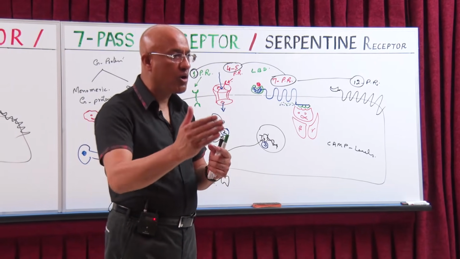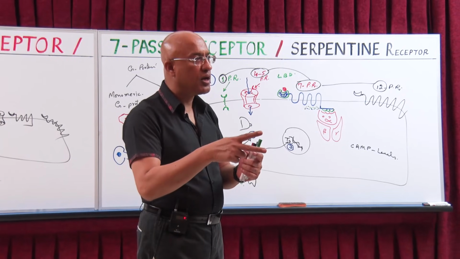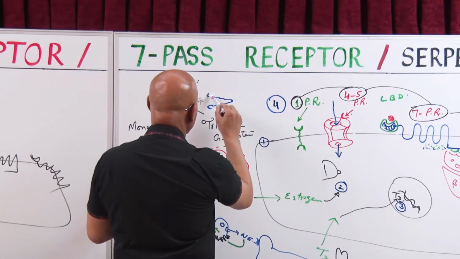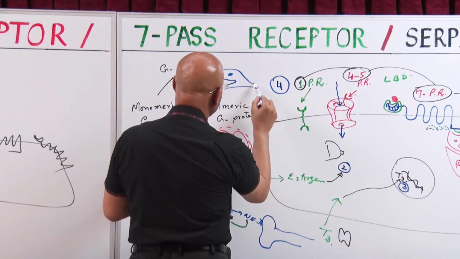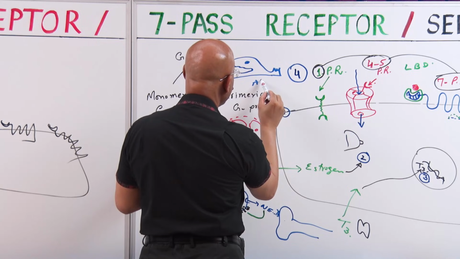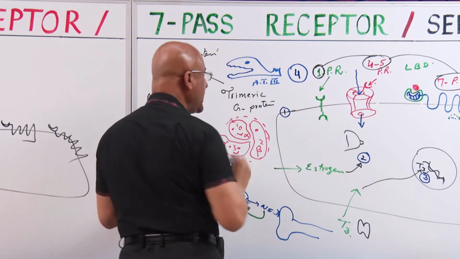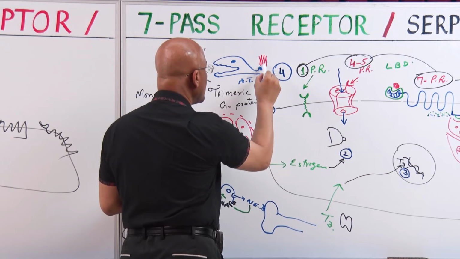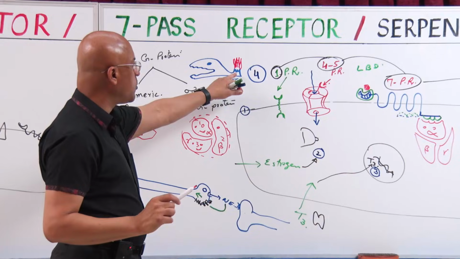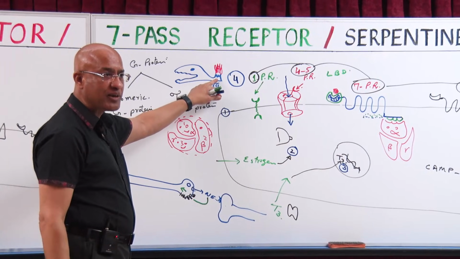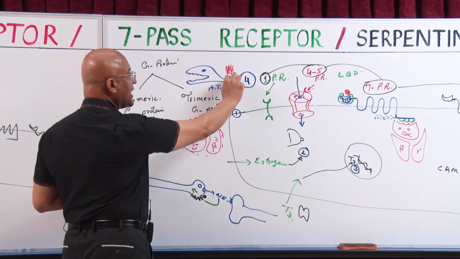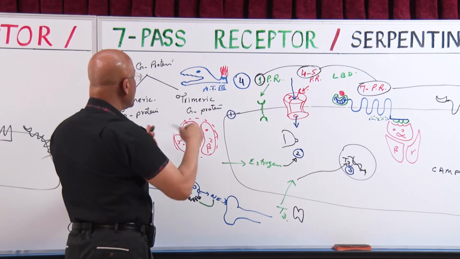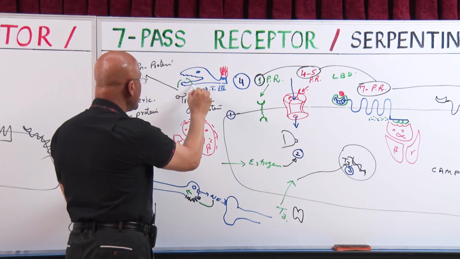Either their function is prolonged or reduced. Let me tell you, suppose this is the antithrombin 3 molecule. This is extracellular, and here heparin binds. When heparin binds at this point on antithrombin 3, this is the ligand binding domain, the heparin binding domain. When heparin binds here and disturbs the tail, it becomes more active to destroy the coagulation factors.